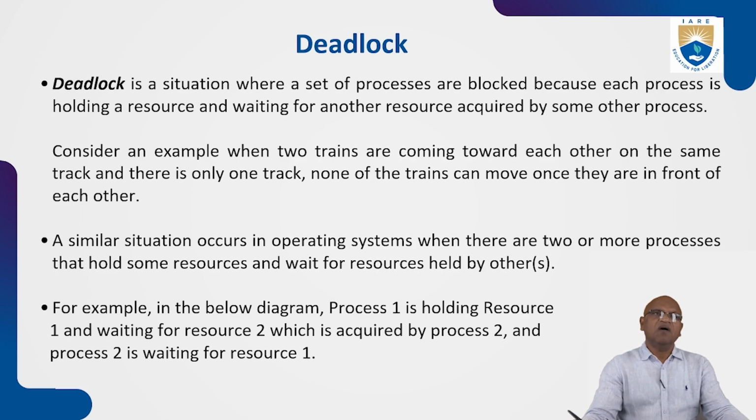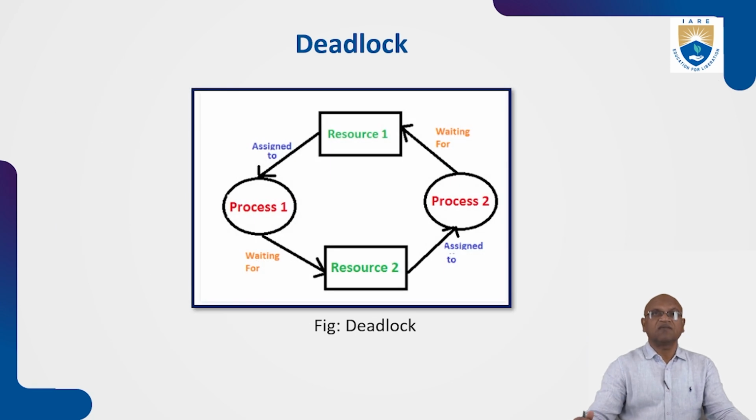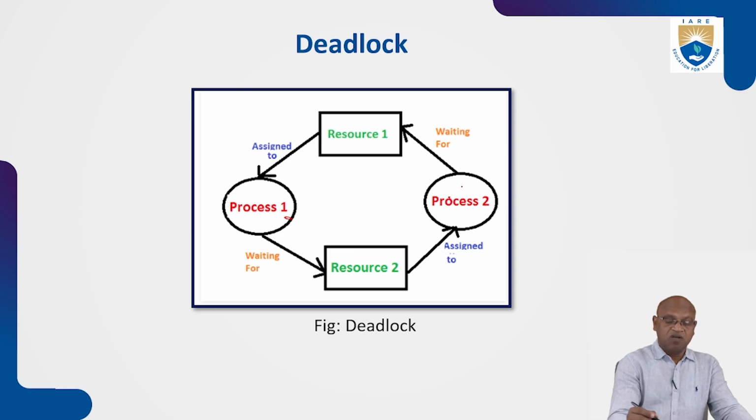For example, in the diagram, process 1 is holding resource 1 and waiting for resource 2, which is acquired by process 2, and process 2 is holding resource 2 and requesting resource 1, which is held by process 1.